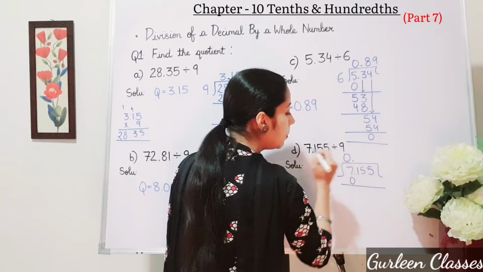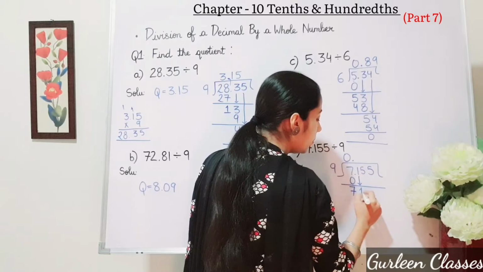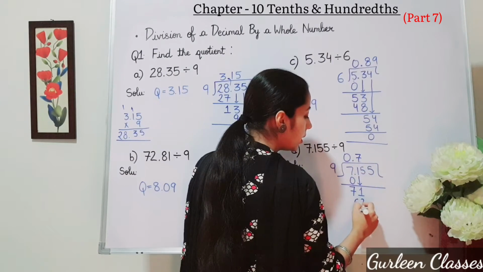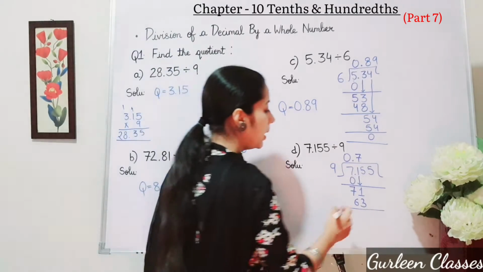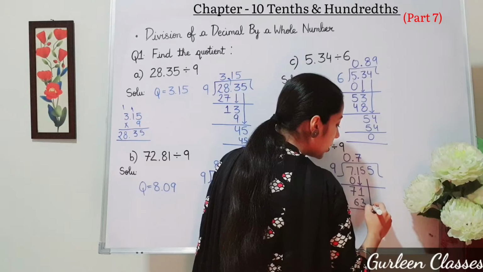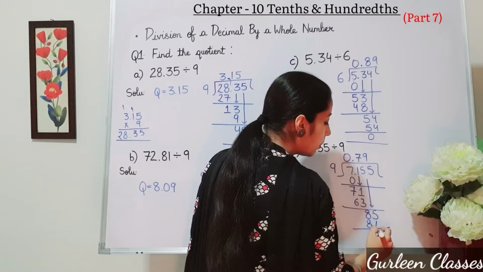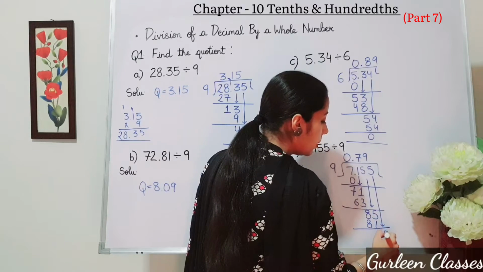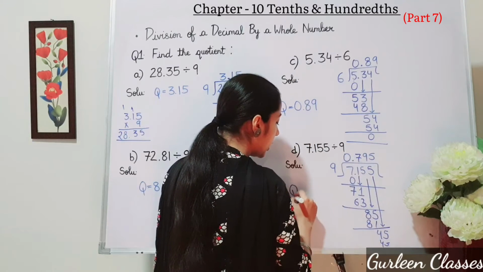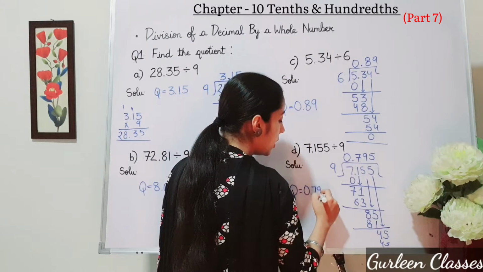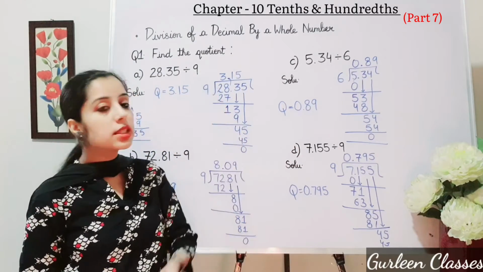So in the quotient there will be a decimal point. 7 minus 0 is 7. 1 will come down. 7 9s are 63. 71 minus 63 is 8, and 5 will come down. 85. 9 9s are 81. 5 minus 1, 4, and this will be 5. 9 5s are 45. Quotient is coming 0.795. So I hope students now you are able to divide decimals by a whole number.